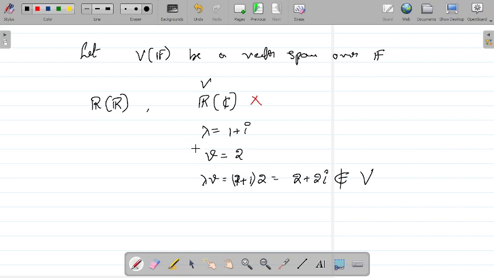So therefore this cannot be a vector space because the scalar multiplication is not closed. And remember one thing, the scalar set cannot be bigger than the vector set. Okay, so the first one, this is what we take as a vector set, and this is a scalar set.